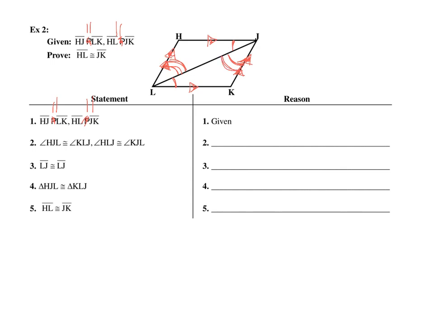Okay. Now what would the reason for that be? Well, here I have parallel lines. This is my transversal. And here once again I have parallel lines, and this is my transversal. So for both cases, I have alternate interior angles as my reason.